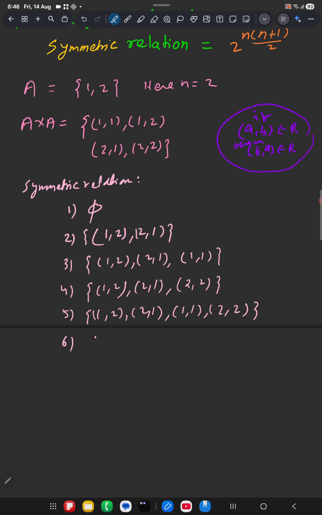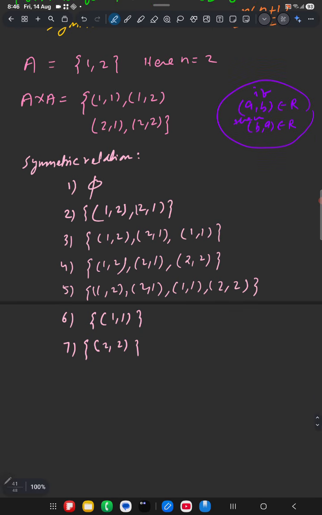Sixth one is only 1 1, because 1 1 when reversed is 1 1, so no problem. Seventh one, similarly, 2 2 can be there, because when you reverse it, 2 2 is there. And eighth one is, for the same logic, 1 1 and 2 2 are there, and all these together make the symmetric relations.